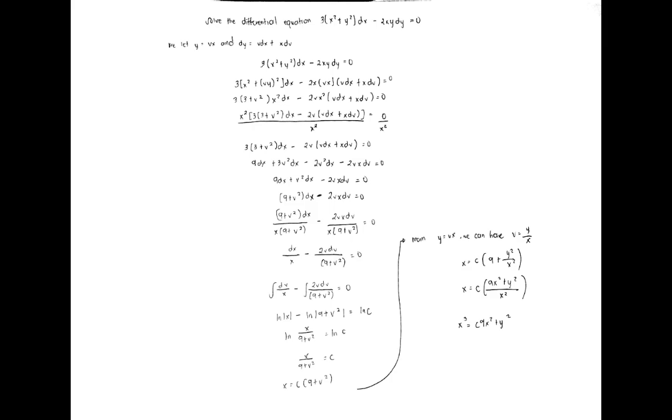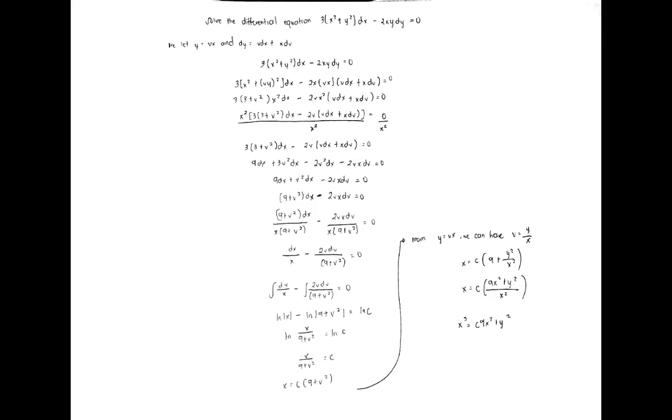Now let's have our first example. Solve the differential equation 3 times (x squared plus y squared) dx minus 2xy dy equals 0. The first thing that we are going to do is to write the given, and then we let y equals vx and dy equals v dx plus x dv.